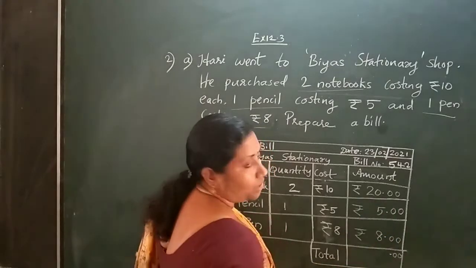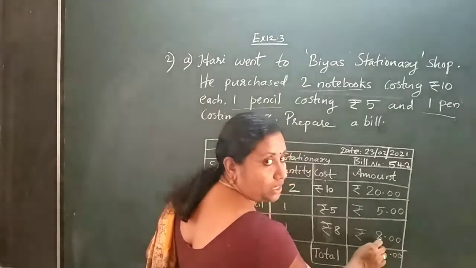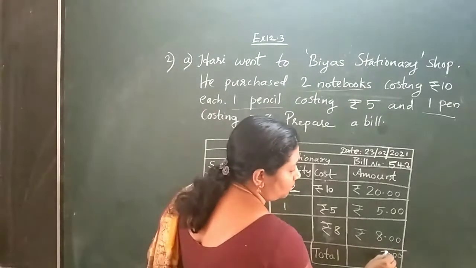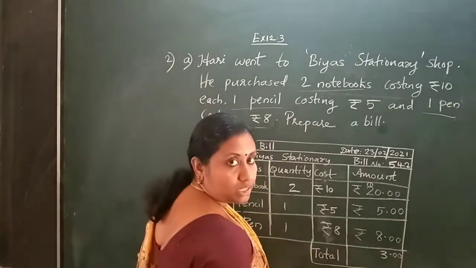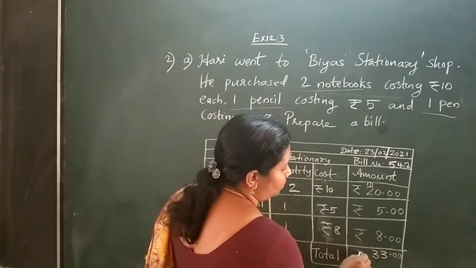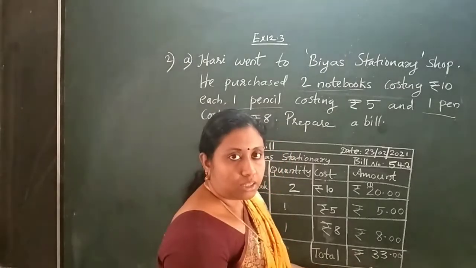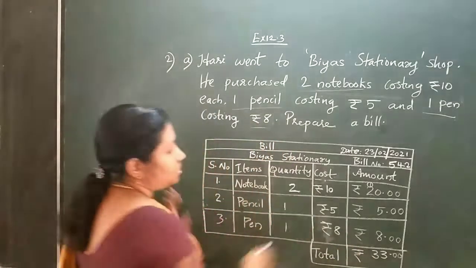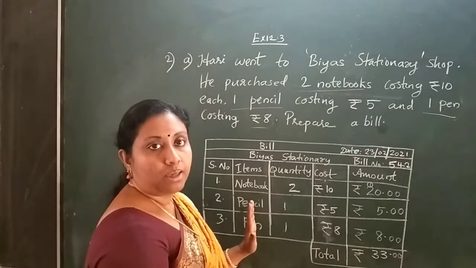This is for addition of rupees and paise. 0 plus 5 is 5. 5 plus 8 is 13, and carry 1 over here. 1 plus 2 is 3. Then there is no other number. So what is the total amount? Yes, total amount is rupees 33. This is another example to prepare one bill. Okay.